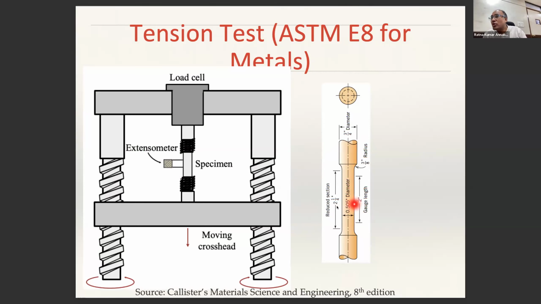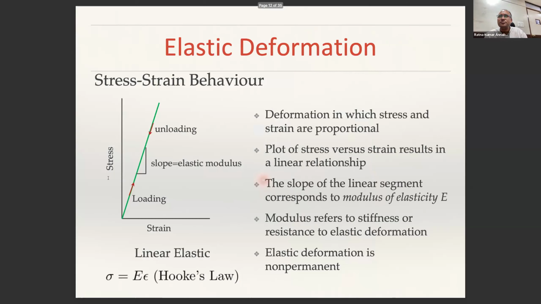But if you use the original cross-sectional area, that means the cross-sectional area corresponding to 0.505 inches diameter, pi over 4 times 0.505 squared, will be a certain cross-sectional area. If you divide the applied load by that cross-sectional area, that becomes your engineering stress. And now if you look at that graph, in the initial regime, you will have a straight line.